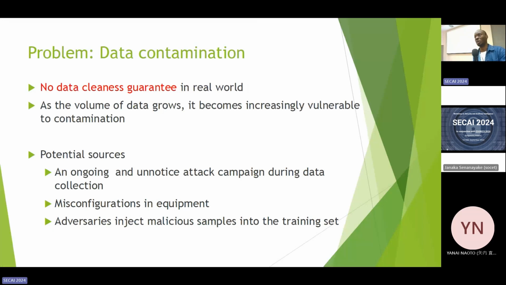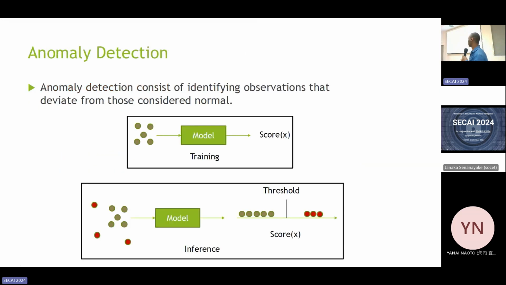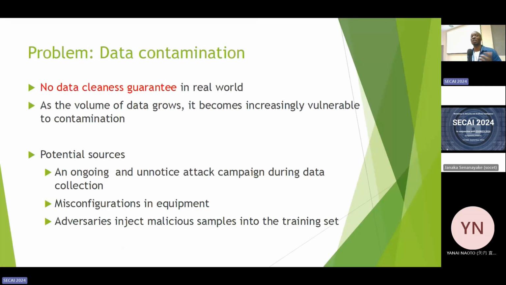But there is a problem in the way I just presented the anomaly detection task because there is a strong assumption here that during training, the model will receive only normal data, which is expected to be clean and not contain anomalies or malicious data. But in the real world, we cannot guarantee having such a training data set.